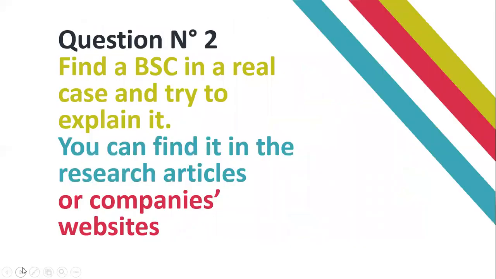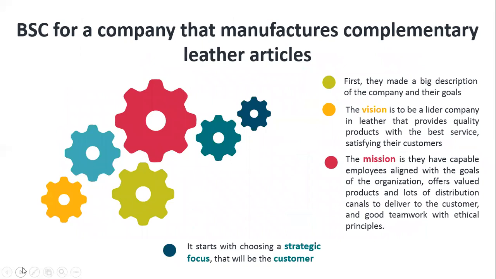Question number 2. Find a balanced scorecard in a real case and try to explain it. You can find it in a research article or a company's website. I found one that is a balanced scorecard for a company that manufactures complementary leather articles. The first thing that they did was make a big description of the company and their goals.